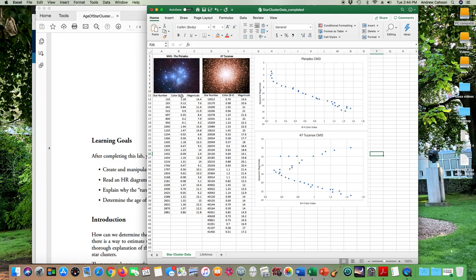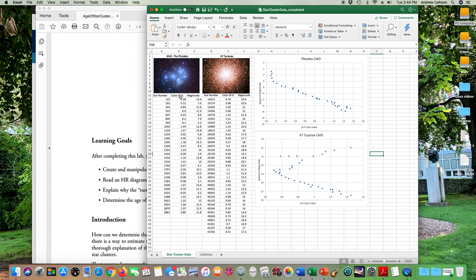So the star number you don't need to do anything with. The B minus V color index, if you remember talking about that a few weeks ago now, gives you the temperature, essentially. It's what we call a proxy for the temperature, because this number correlates with how hot the star is. Now, typically on an HR diagram, it's plotted backwards, so the values over here are the hot stars, and the values over here are the cool stars.